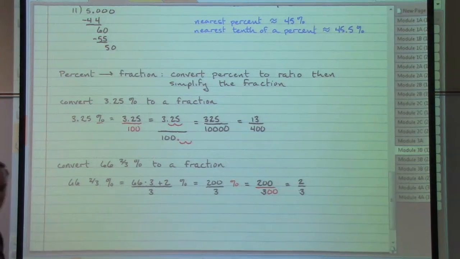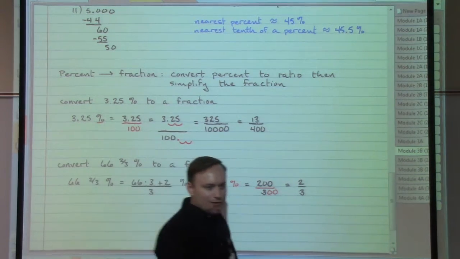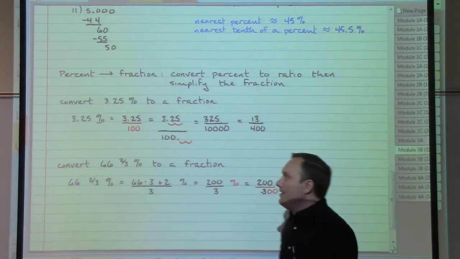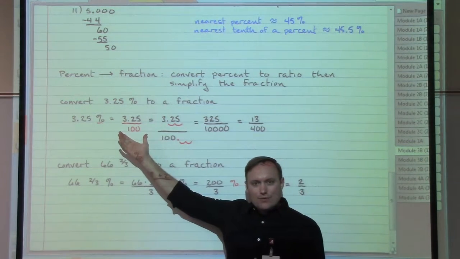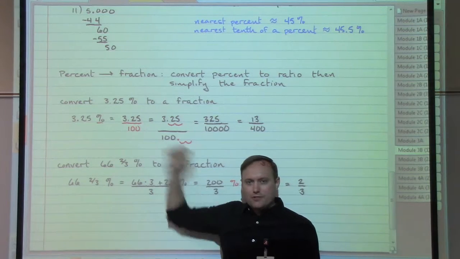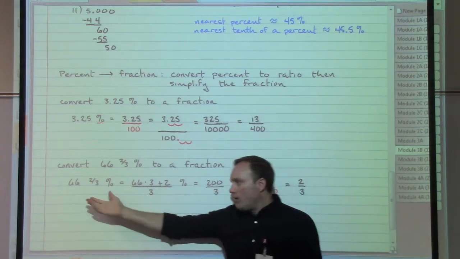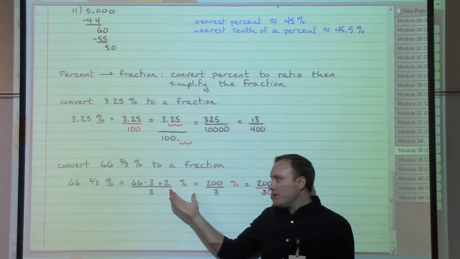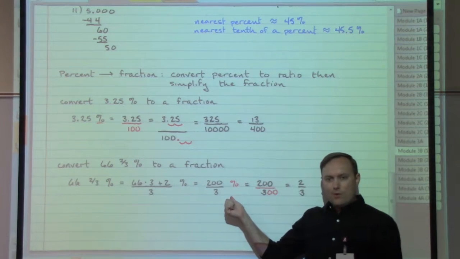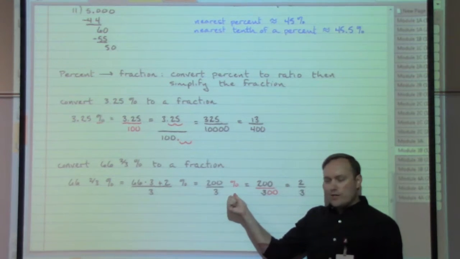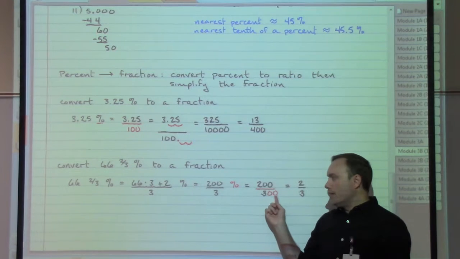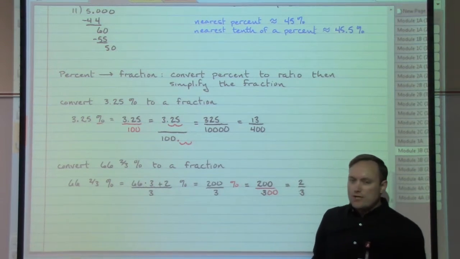Depending on what you have in your original percent, you may want to immediately use that ratio idea, over 100. Or you might want to do a little tinkering first before you, somewhere in the middle, use that ratio idea of over 100. Depends on what they give you.